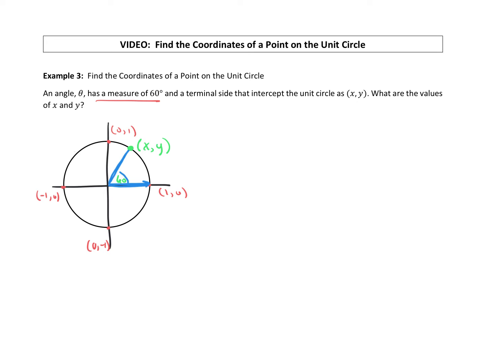So what are the coordinates of the point xy? Guess what we're going to do? We're going to create a triangle, and which axis are we going to connect to? The x-axis. So from the point xy, we're going to draw a line straight down. That's what gives us the right angle.